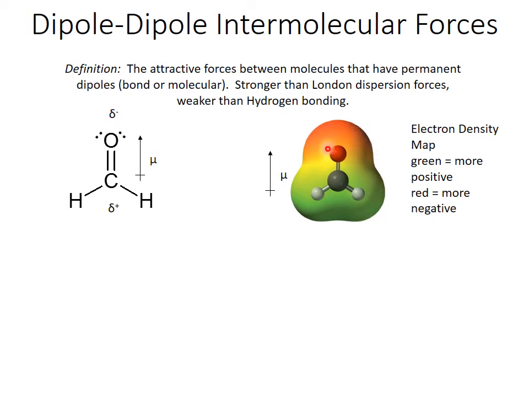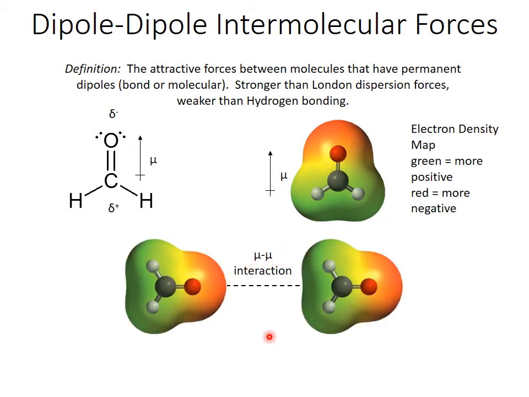You can see that the oxygen up here has a lot of nice red negative charge around it, which represents both its electronegativity and its lone pairs. This alignment means that the red end of the molecule is going to want to interact with the green end of another molecule.